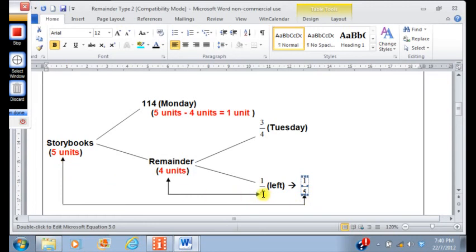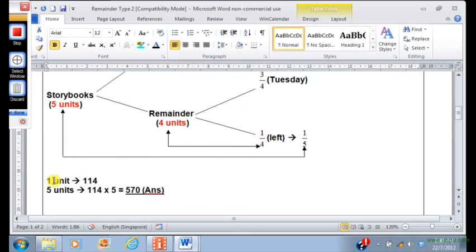This 4 is the remainder. So if the remainder is 4 units, this is 5 units, this will be 5 minus 4 equals to 1 unit. So this is by number bond, and I know that this 1 unit must be 114. So 1 unit is 114, total number of storybooks, 5 units, is 570.